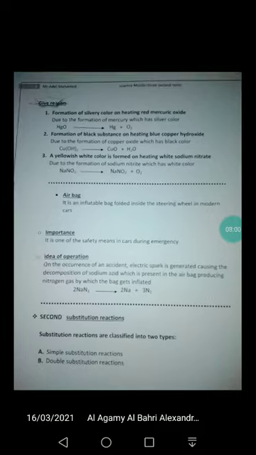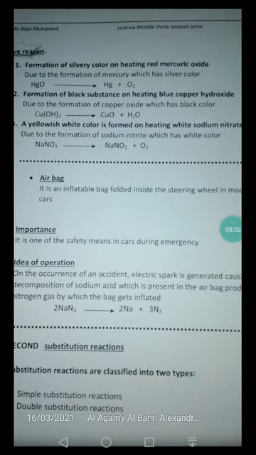Okay, that's about it. When you are asked to give a reason for the formation of silvery color on heating red mercury oxide, you can answer: due to the formation of mercury, which has silver color. Formation of a black substance on heating blue copper hydroxide? Due to the formation of copper oxide, which has black color.